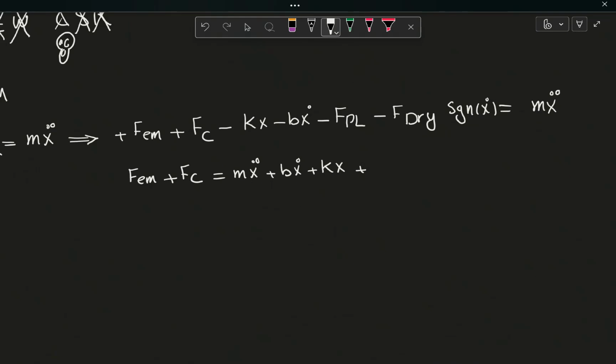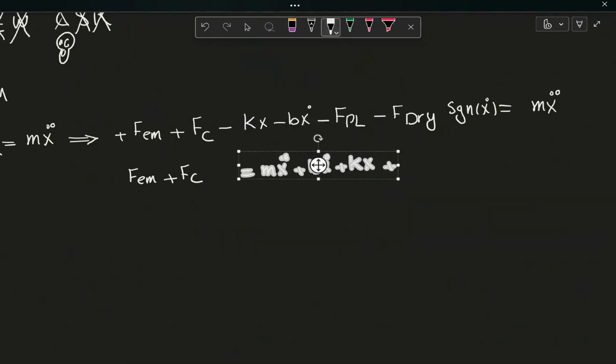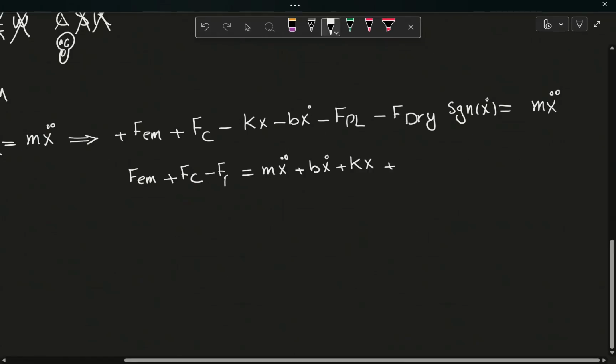Let me push these a little bit to the right and add FPL there, with the sign of FPL negative. So, m x double dot plus Bx dot plus Kx plus F dry sgn x dot. Basically what I did was bring all the dynamic terms to the other side and flip their signs.